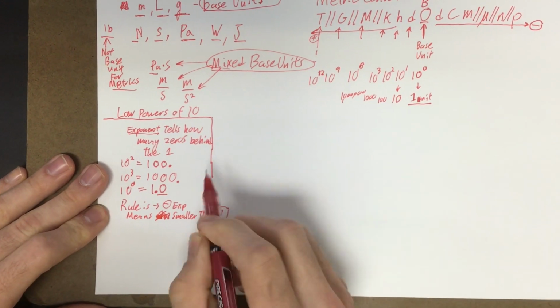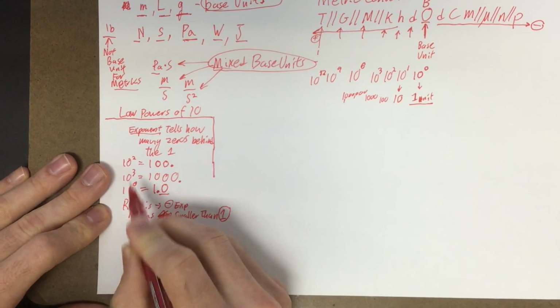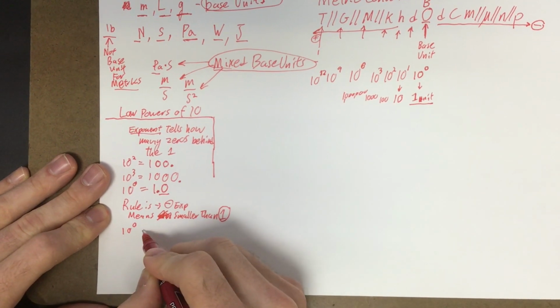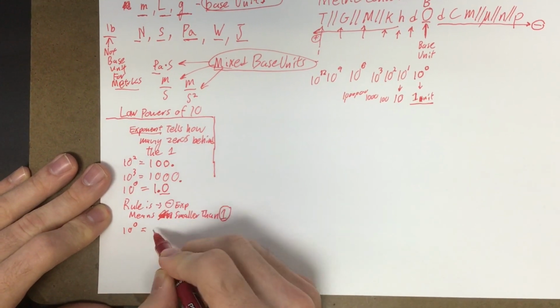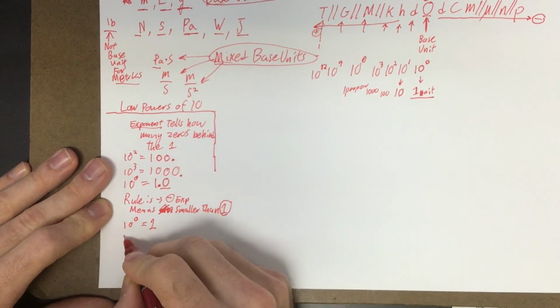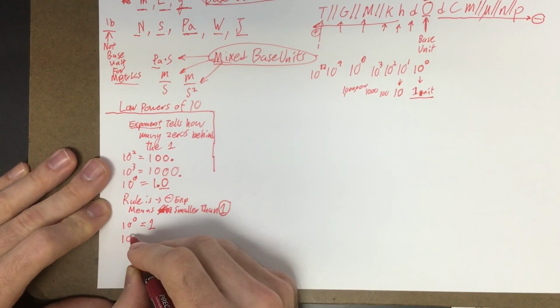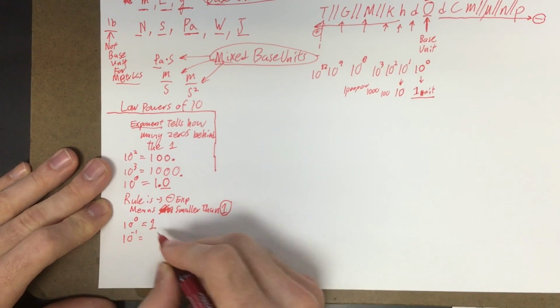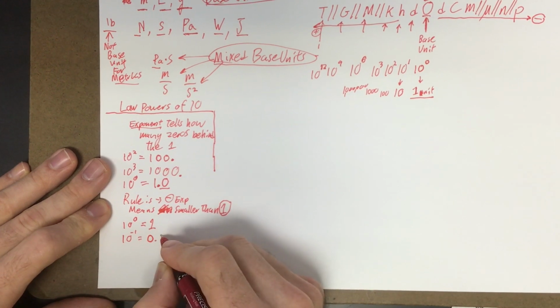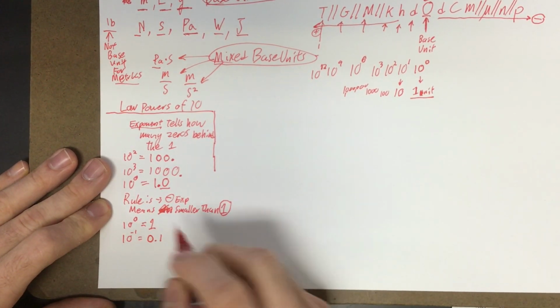Okay. So for example, if we have 10 to the 0 power, that is not going to be smaller than 1. That's going to be 1, right? For 10 to the negative 1 power, that is going to be smaller than 1. That means we're going to have this, okay?